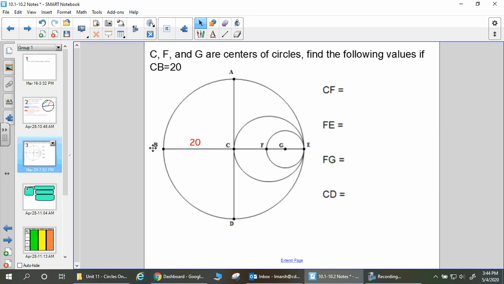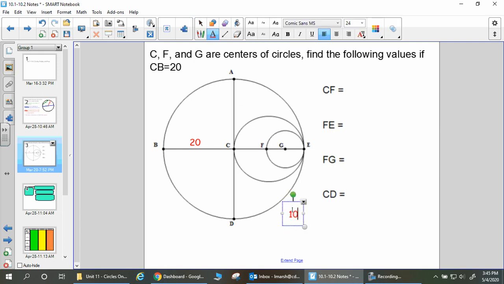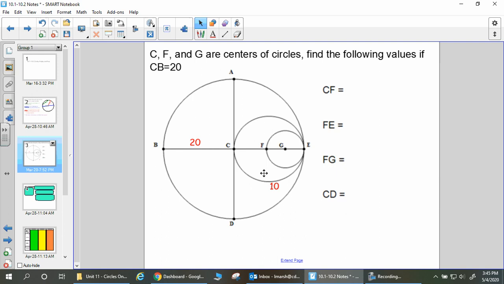So what happens is if we use this relationship between a radius and a diameter, 20 is the radius of my big circle, which means if this left side is 20, this right side would be 20. But that 20, if you notice, goes from C to E, meaning it's the entire way across the medium circle. So if I take 20 and I divide it, I get 10. So now half of that is 10.